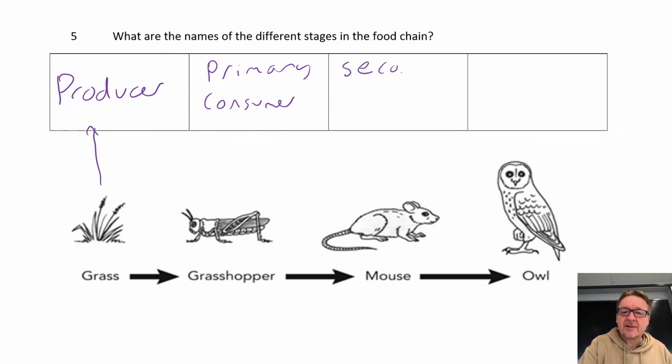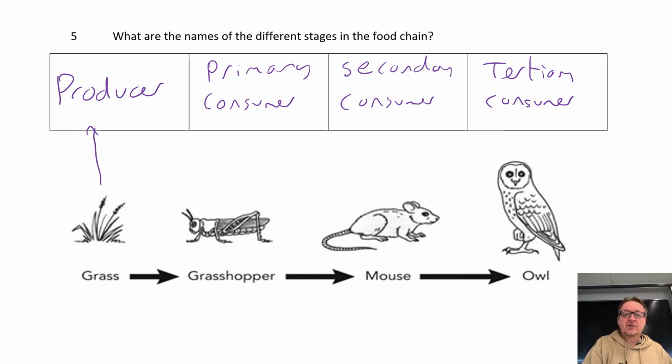The second one is the secondary consumer, and the third one is the tertiary consumer. If you think about it, schools: primary school, secondary school, tertiary is college. And what this food chain means is that grass is eaten by a grasshopper, which is eaten by a mouse, which is eaten by an owl.